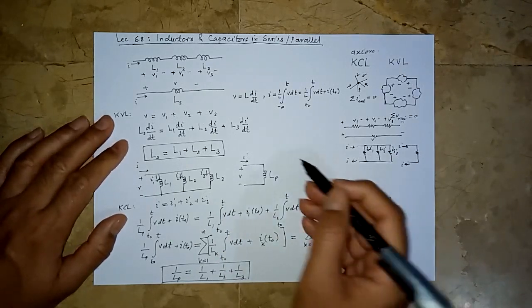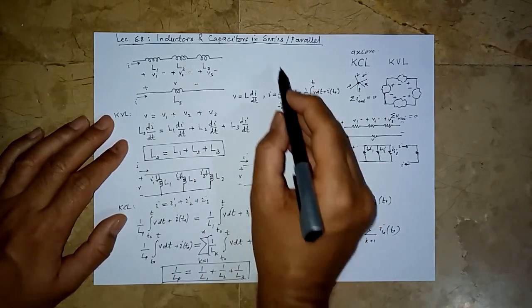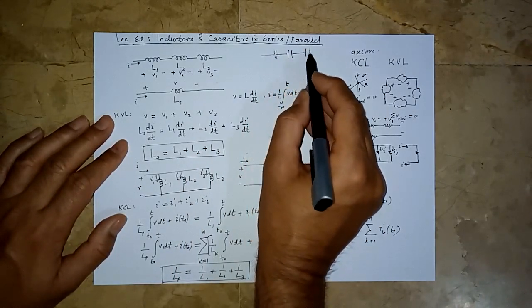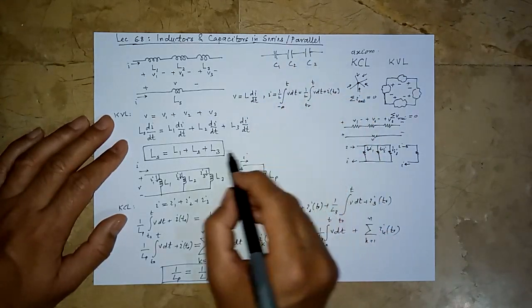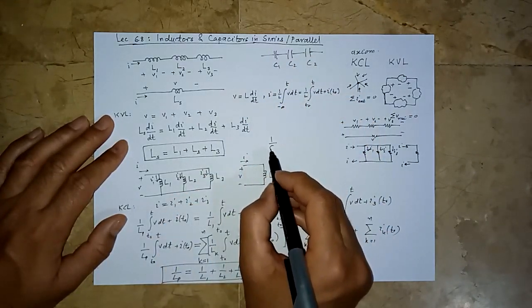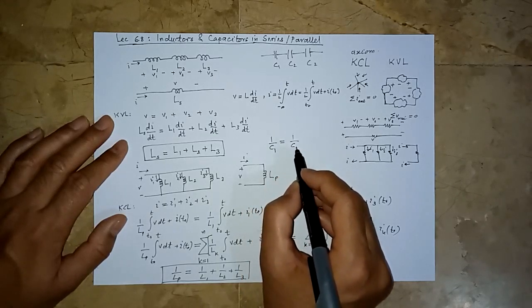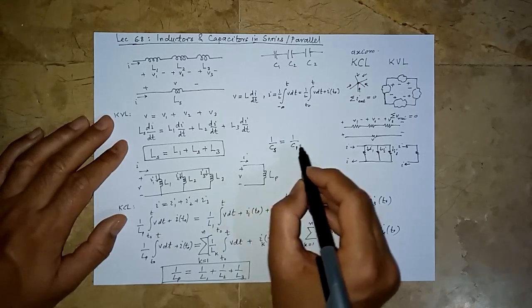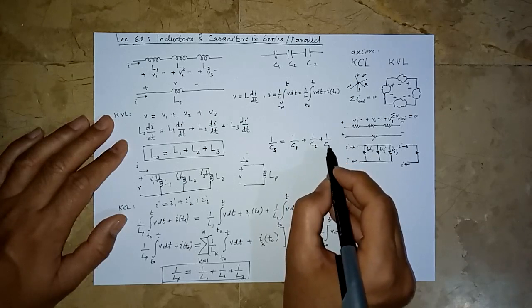For your reference, or you can see the book as well, in the case of capacitors in series, their equivalent is how the resistors behave in parallel, or the inductors. Sorry, this is the equivalent in series. So you have to prove it.